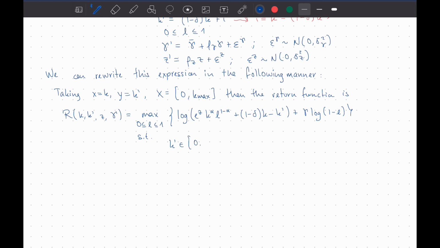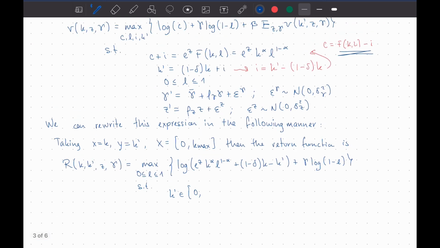And how do we get K max? Well, it's pretty straightforward. You can get it really fast from here. Remember, consumption has to be greater than or equal to 0.